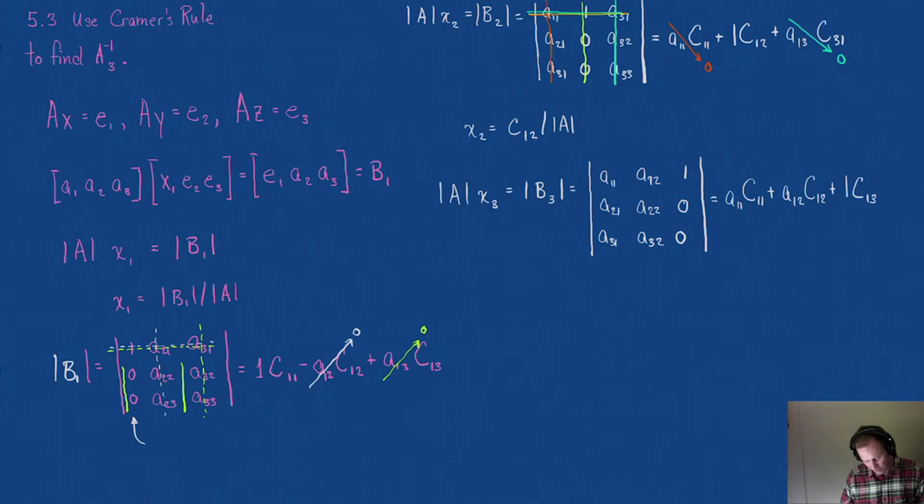Well, look at this. These first two cofactor matrices are going to include the zeros in them. So both of those equal 0. And we're left with x3 equals C13 divided by the determinant of A.